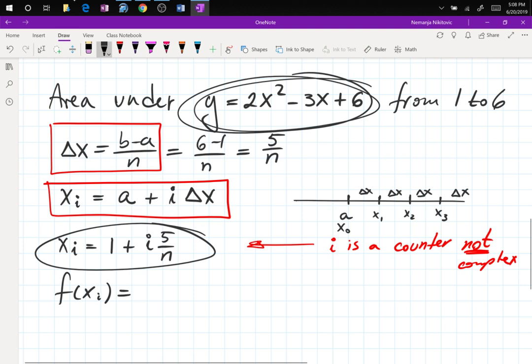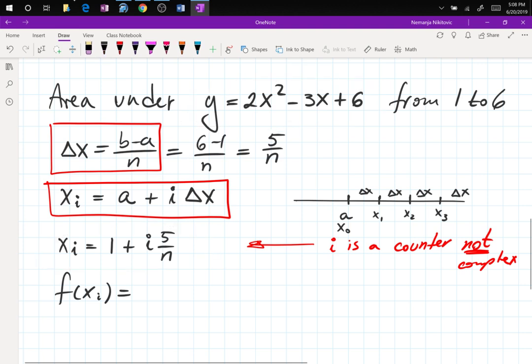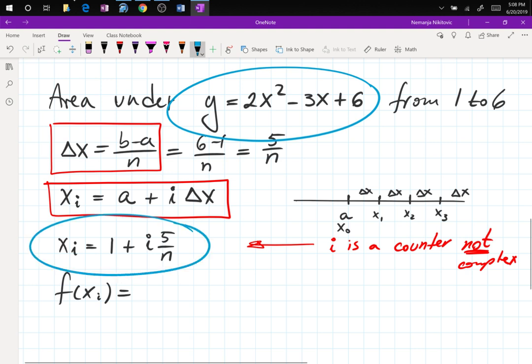So put them together. Let's use blue to circle two equations that we are going to look at. So this is going to be 2xi squared minus 3xi plus 6. Now you plug in everything and you distribute everything.